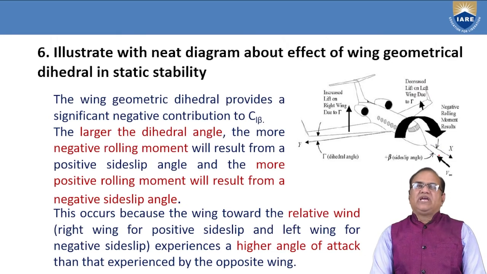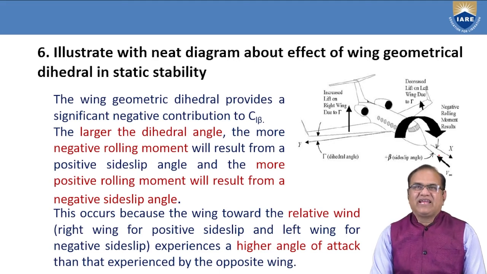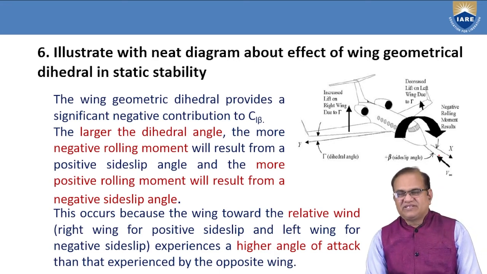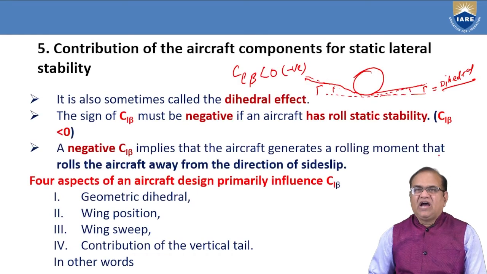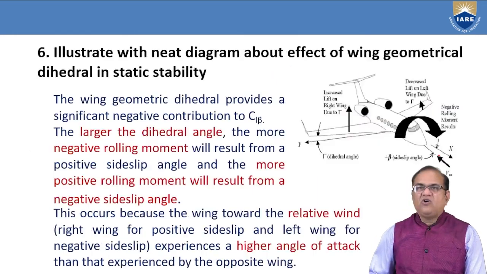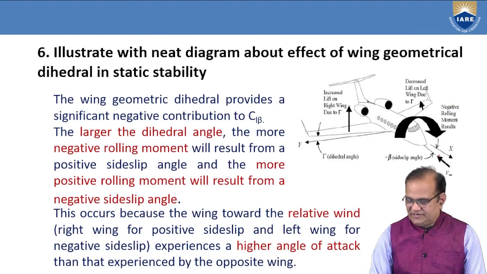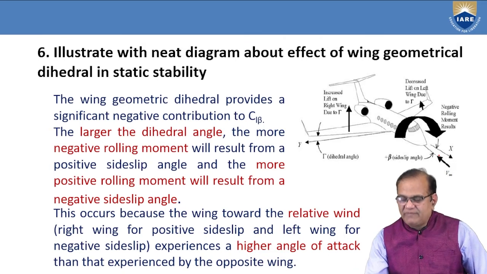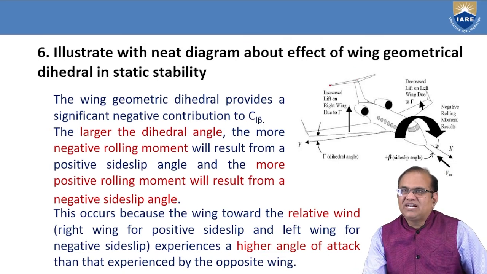So now, illustrating with a neat diagram the effect of wing geometrical dihedral on static stability. In the previous slide I gave the geometrical dihedral. Now we will discuss how this dihedral is affecting stability. You can see this diagram here. This is the horizontal tail, quite far away.